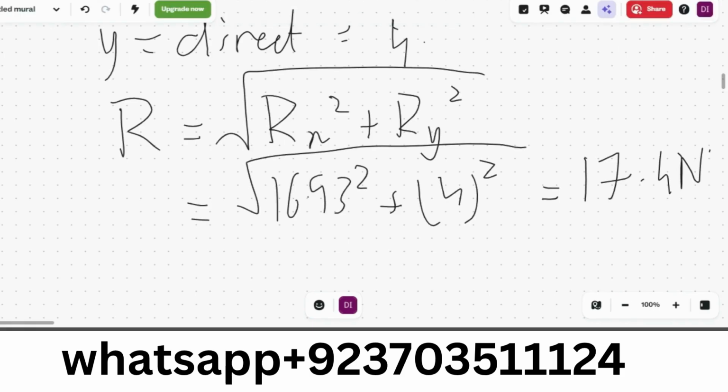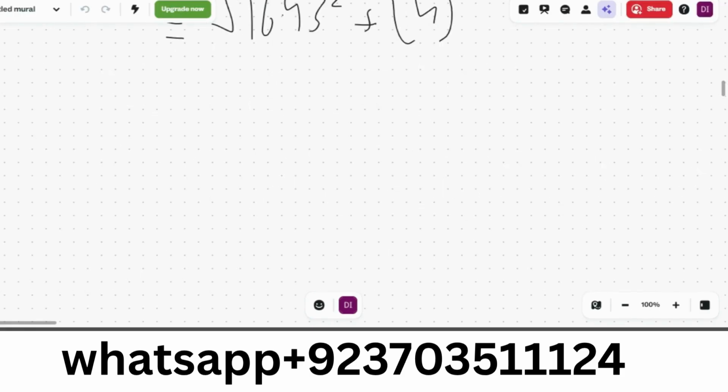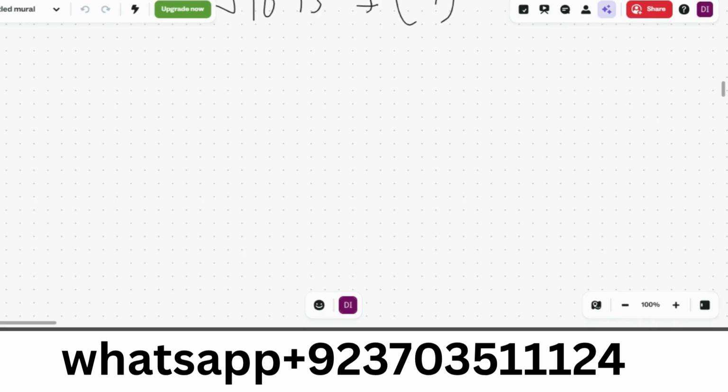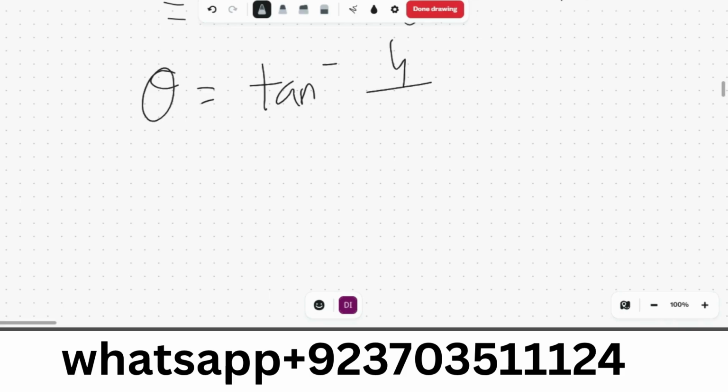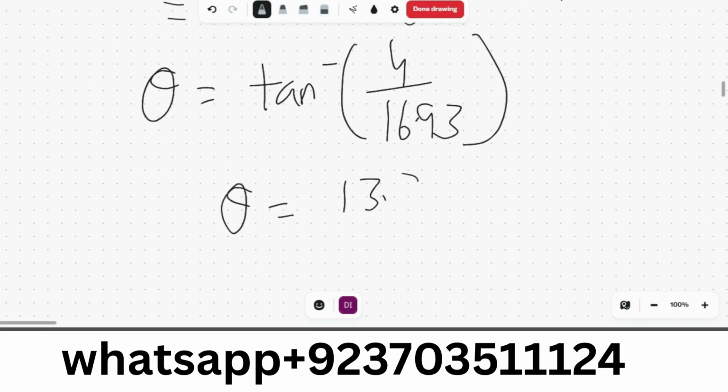Now the next step is to find the angle. If they want the angle of the resultant, theta is equal to tan inverse of Ry, that is 4, over Rx, that is 16.93. So we will solve it, and that will give us theta equal to 13.3.